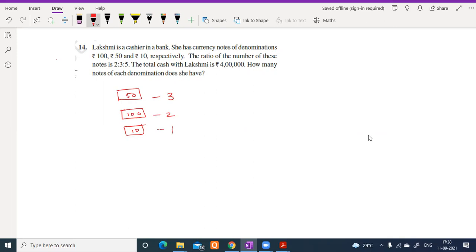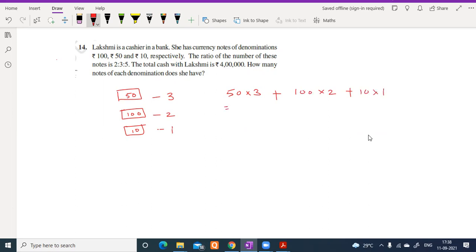So if I ask you how much total money you have, what will you do? You will do 50 into 3, how many notes you have, that is 3, plus 100 into 2 plus 10 into 1.